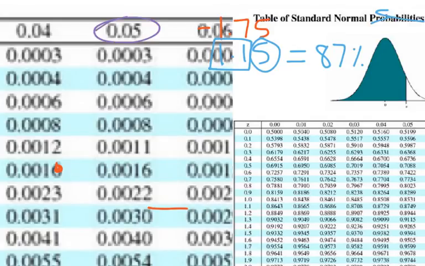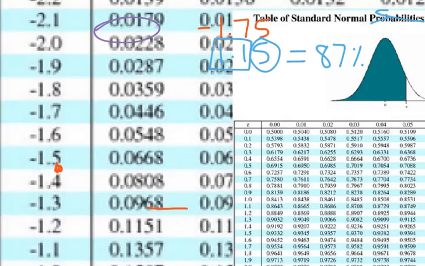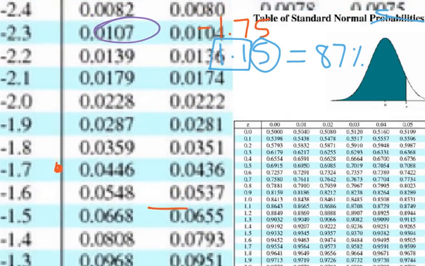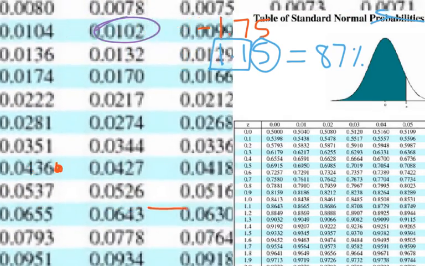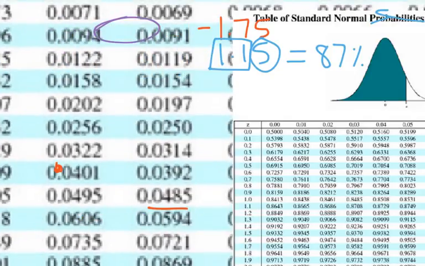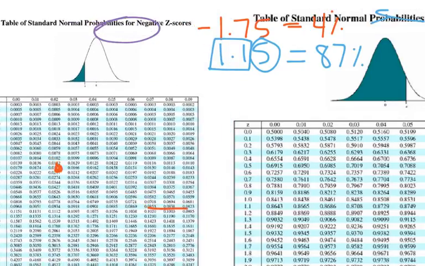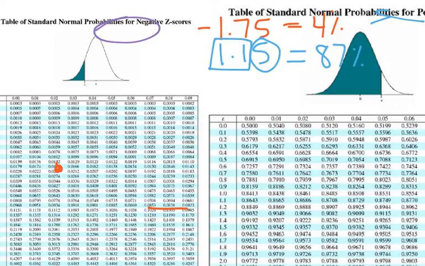So that column right there. Okay, so the sixth column. So let's find 0.175. 1, 2, 3, 4, 5, 6. So it's 0.04. Okay, so that's 4%. Alright. So there we go. So negative 1.75 is the 4%, and 87 is the other one.